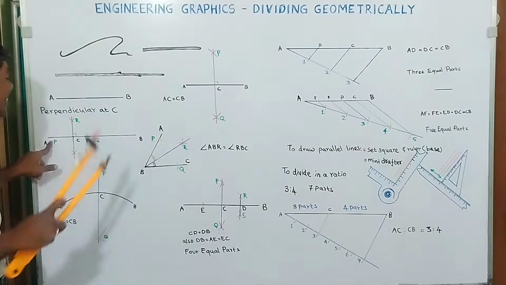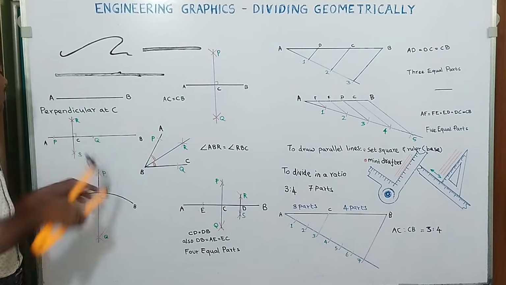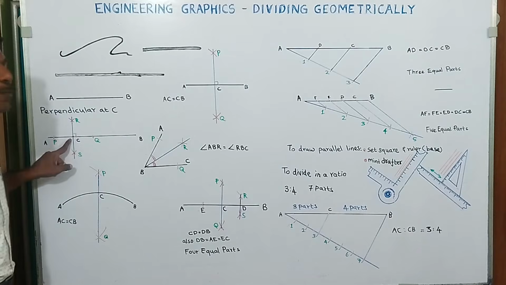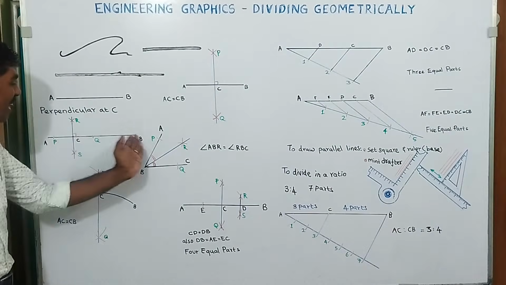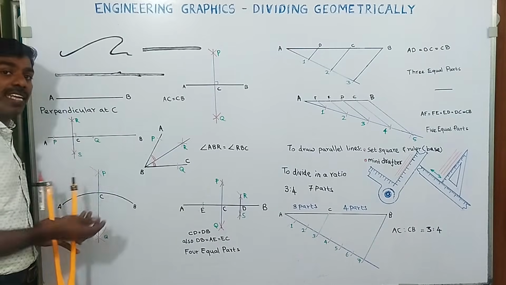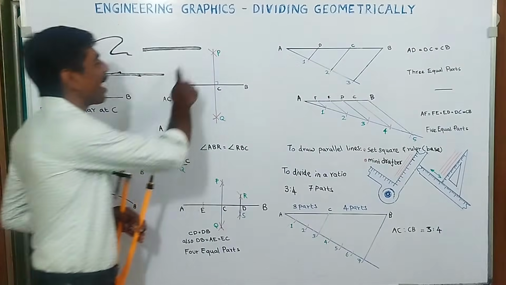Without changing the radius, with Q as center, cut that arc above and below, naming the points R and S. Now connecting R and S will give a perpendicular line passing through C. That is our requirement, right? So if there is a line, we can create any parallel or perpendicular lines at the place where we want. That's good, right?